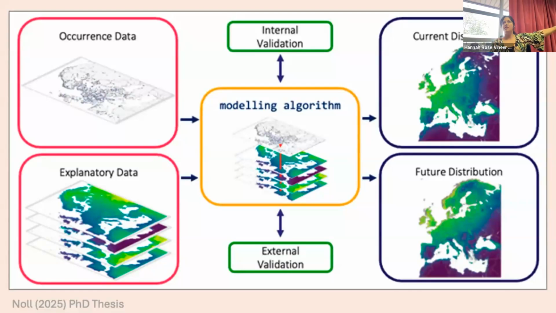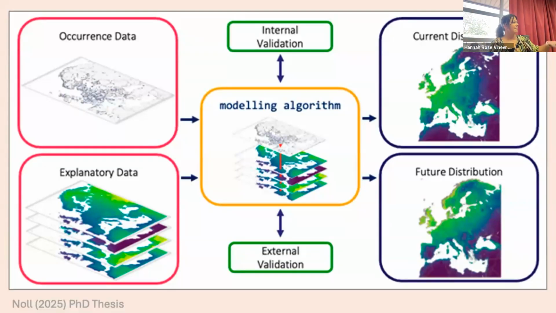You run it through the modeling algorithm, and then you do various steps of validation, testing the model: is it giving us something useful? We can do internal validation where we just keep some of the data to the side to test it. And then the external validation is where you use a completely different data set, like the one, for example, that Virgil collected. We used that to test our models, like a sanity check.